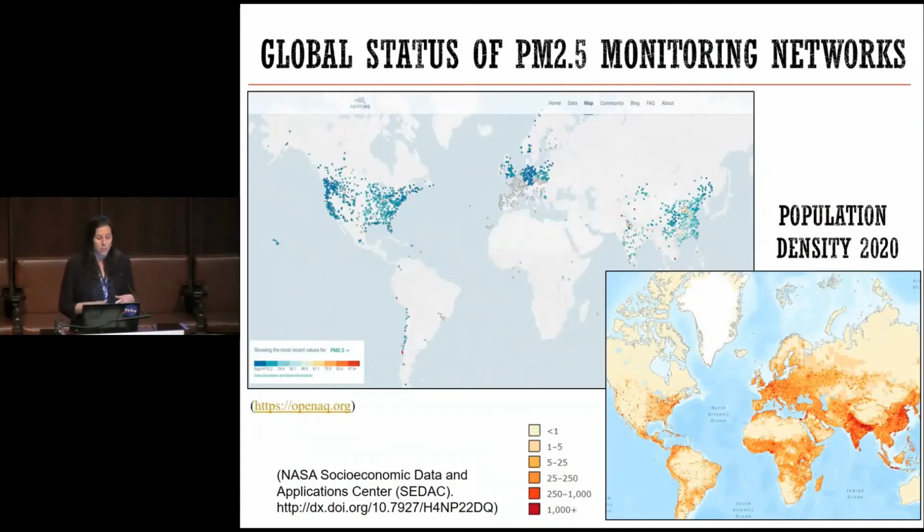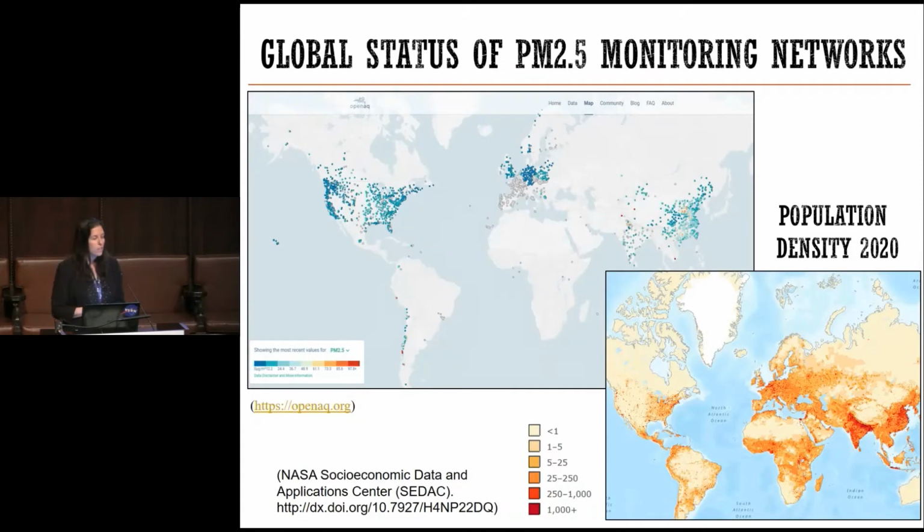This is the current status of the ground PM2.5 monitoring network from the OpenAQ database. And on the bottom right, you can see the map of the current population density in the world. What I want to point out here is that in a lot of places where the population is very dense, like in Africa, for example, we don't have a monitoring network.